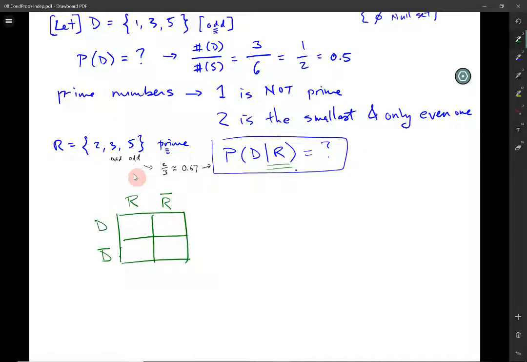So then what do we do? When you want to fill in the contingency table, your life is a lot easier if you start where? Starting at the intersection is easiest, right there in the Venn diagram.